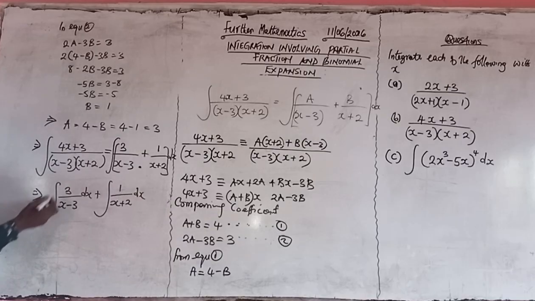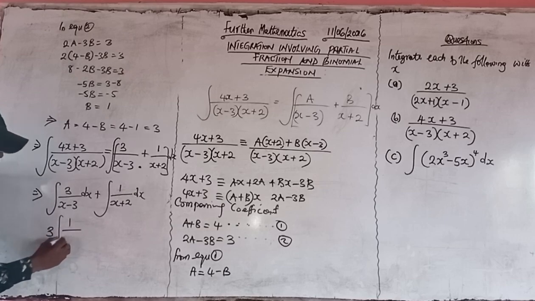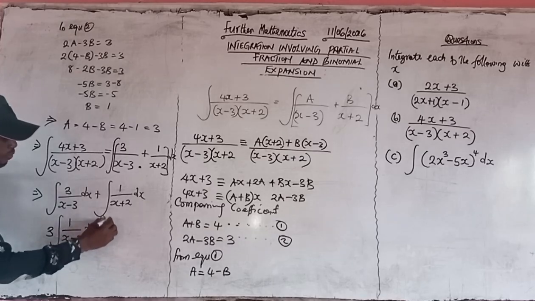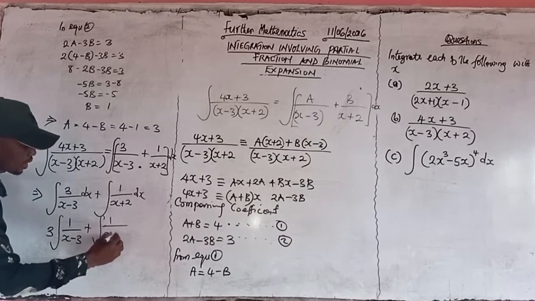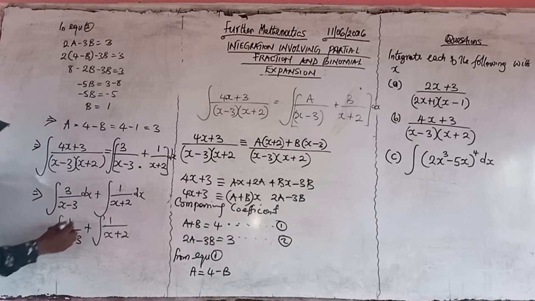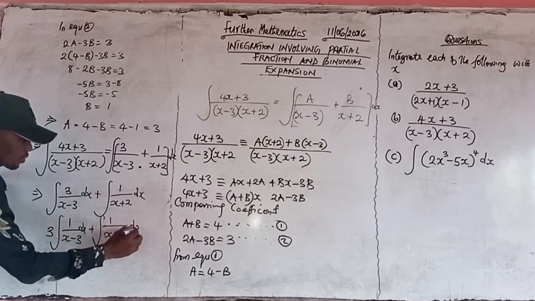So we can factor out 3 outside here. We have 3 times the integral of 1 over x minus 3 plus the integral of 1 over x plus 2, all dx. This is the dx, and this is the dx.